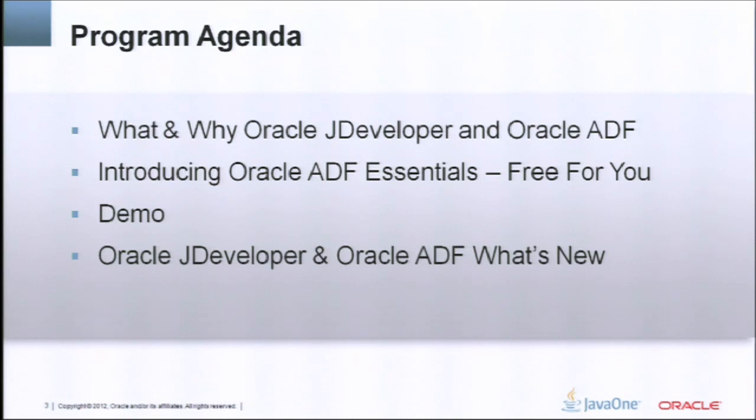Then I'll talk about ADF Essentials, one of the new things we're offering, which is basically a free version of Oracle ADF core functionality. I'll spend around 20 minutes on a demo to give you an example of how you actually build an application with ADF. And then I'll talk about what's upcoming in JDeveloper, and the things we introduced lately.